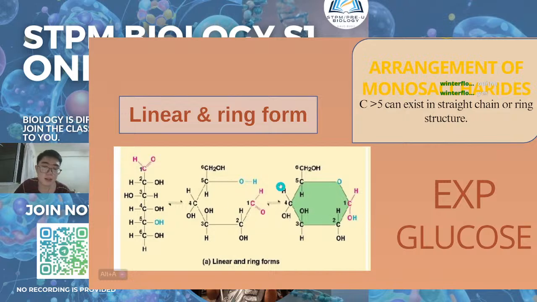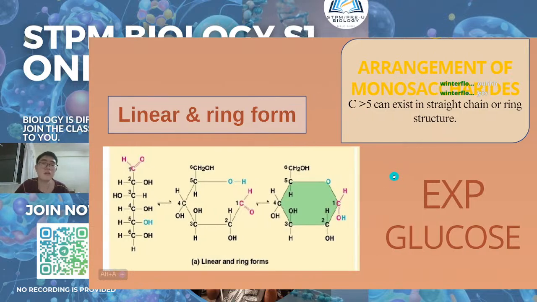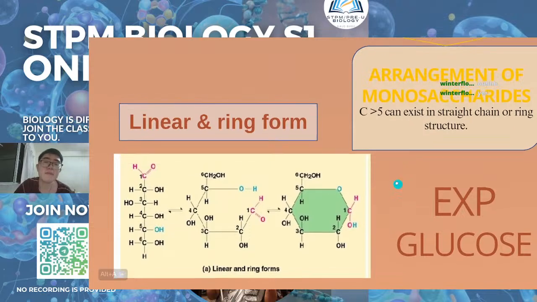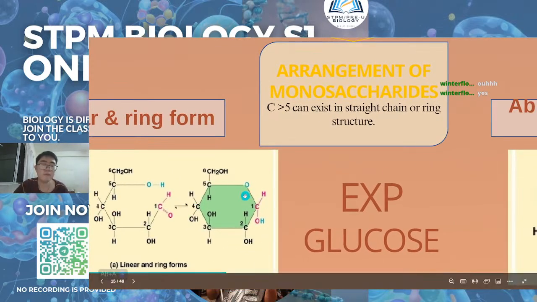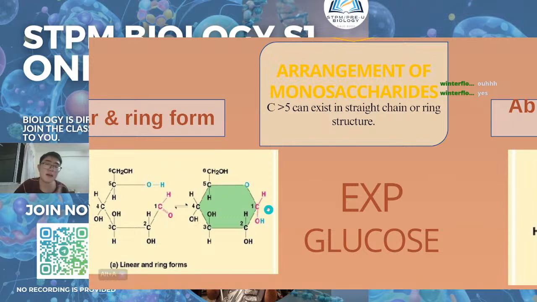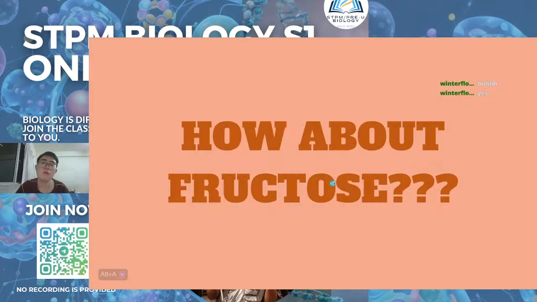The real mechanism you don't need to know because it is very complex, but if you want to know, you can Google it. So finally you will form this structure. Just remember that C number 1 and C number 5 are the key to changing the structure into the ring form. Now, just now was about glucose.